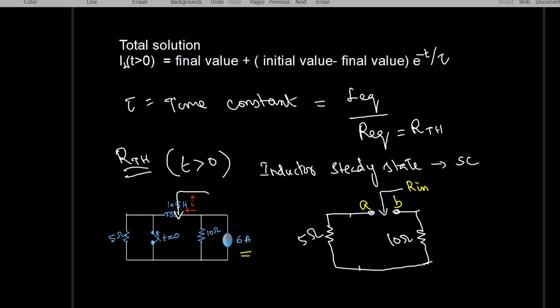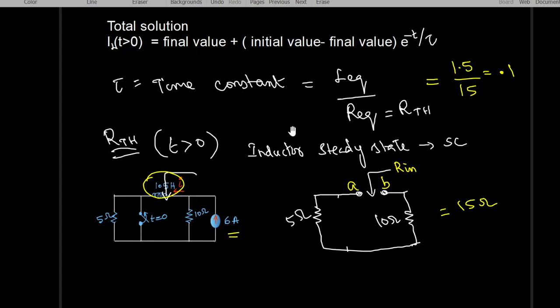These two resistors are in series, so it is equivalent to 15 ohms. And now we can calculate this after finding this R Thevenin. This L equivalent is already given as 1.5 Henry here. So 1.5 Henry divided by 15, hence we got the tau value as 0.1.